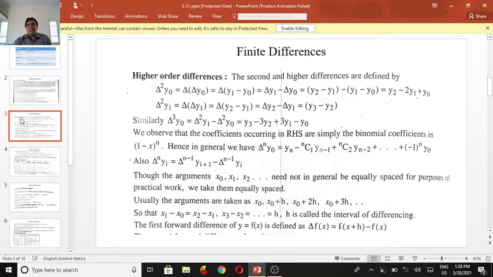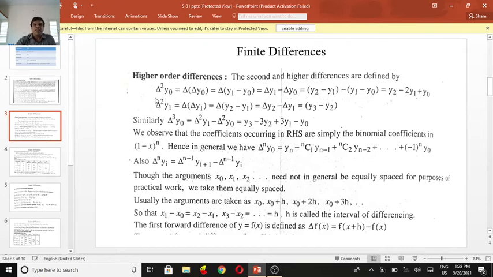If we extend this to higher orders, we get first order, second order, and higher order differences. The second and higher differences are defined as follows. Suppose we take delta square y0.